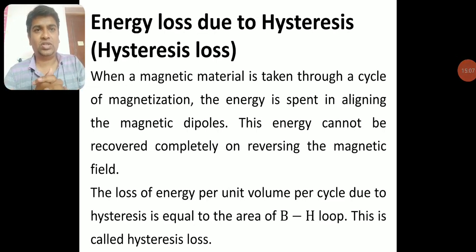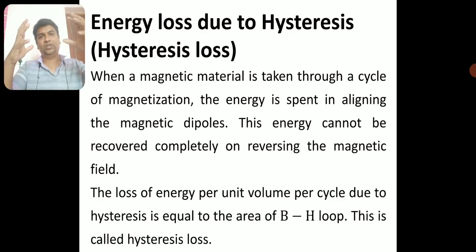There is some energy loss here because energy cannot be recovered completely even after reversing the magnetic field. This loss of energy per unit volume per cycle due to hysteresis is equal to the area under this BH loop.